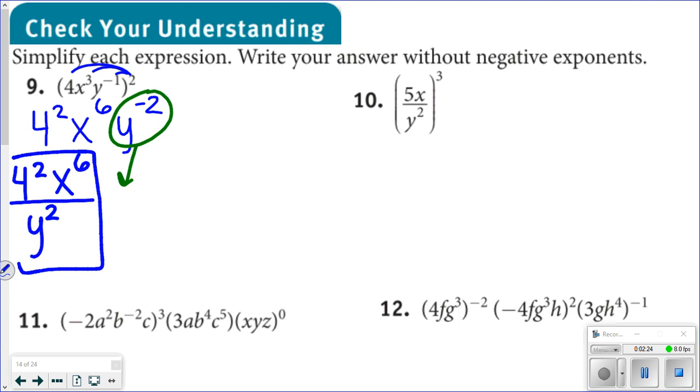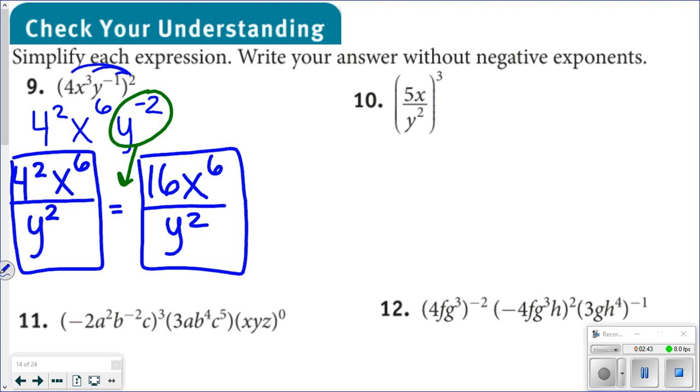Now, this answer is acceptable, or you could write out 4 squared as 4 times 4, which is 16x to the 6th power, sorry, over y squared. So either answer is totally acceptable.